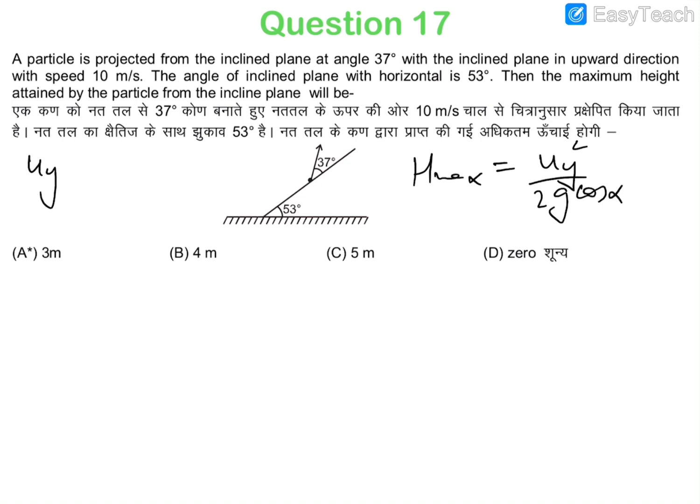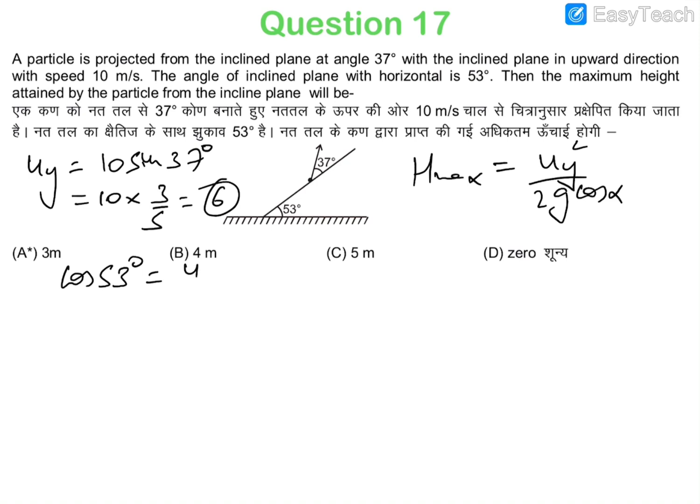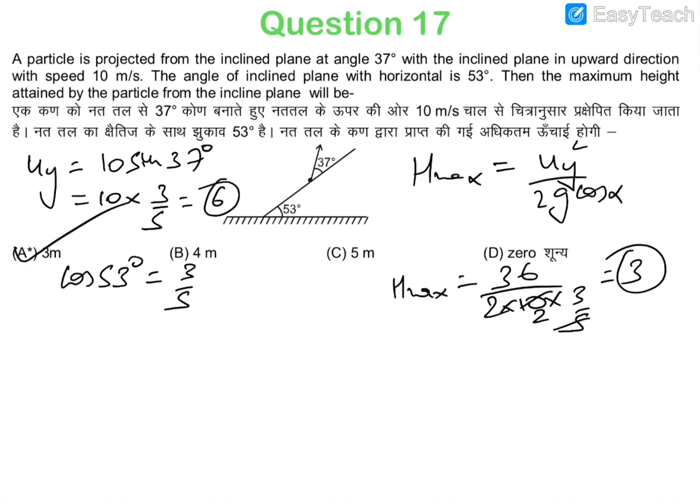Now uy will be 10 sin 37, and 10 sin 37 is 3 by 5, so this is 6, and cos 53 degree is equal to 3 by 5. So h max will be equal to uy square, which is 36, over 2 into g, which is 10, into cos alpha, which is 3 by 5. So you can see that this is 2, the height is 3, so the correct answer is A.